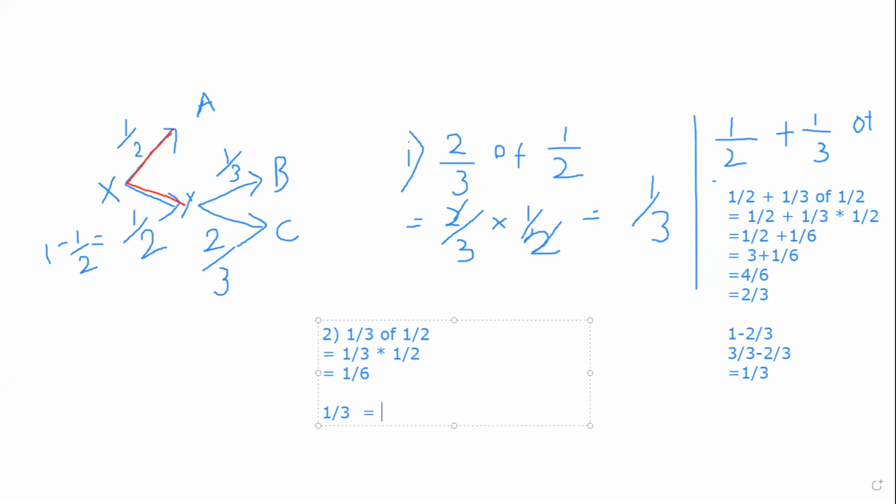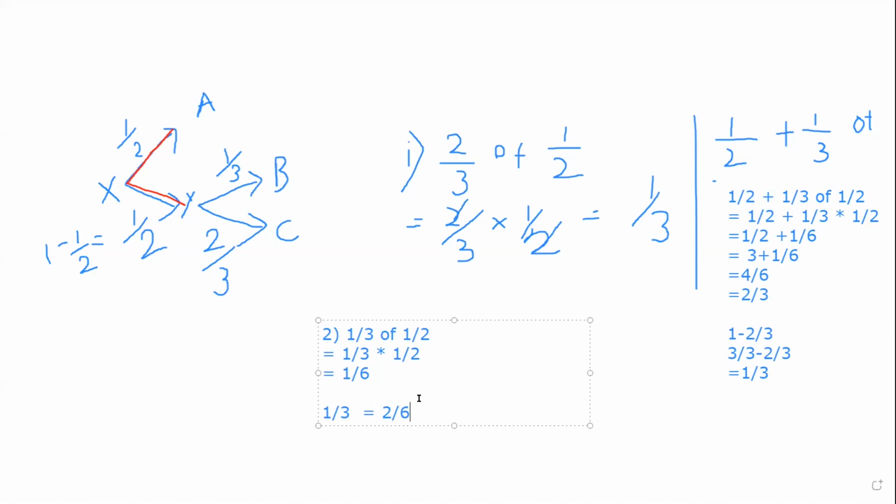That is equivalent to 2 by 6. So you can see when you compare the initial amount and the amount he has received now, it is twice the amount. Therefore, he has received twice the amount in this manner.